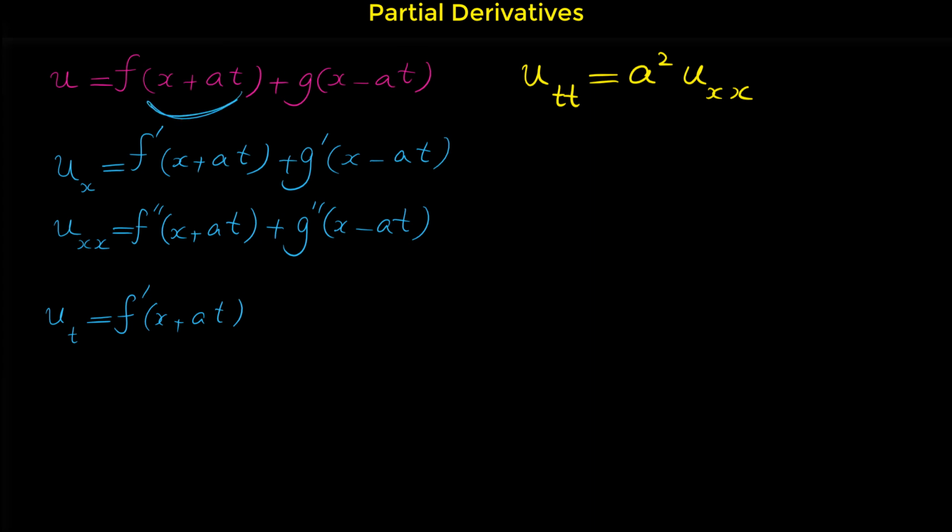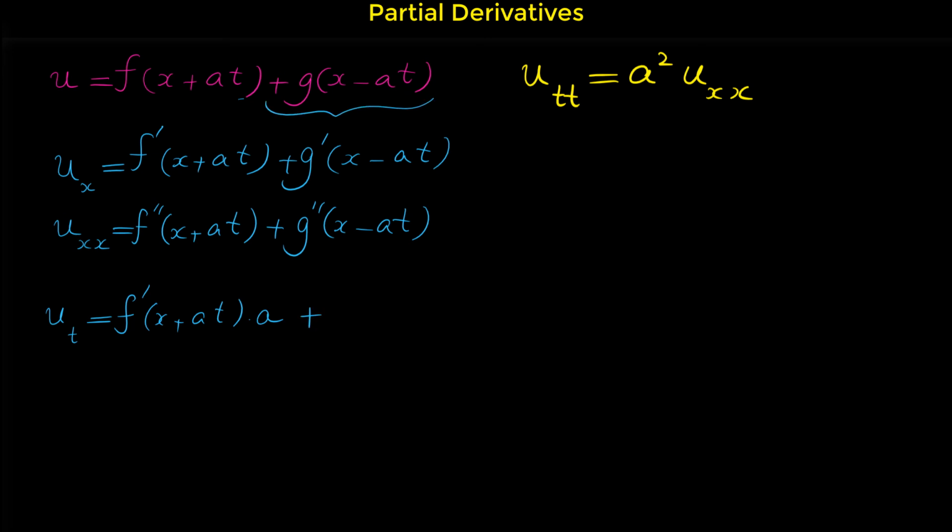Derivative of x is 0 because we take derivative with respect to t, and derivative of any term without t is 0. So derivative of x is 0. But derivative of at with respect to t is a. So don't forget to multiply this by a. Plus.